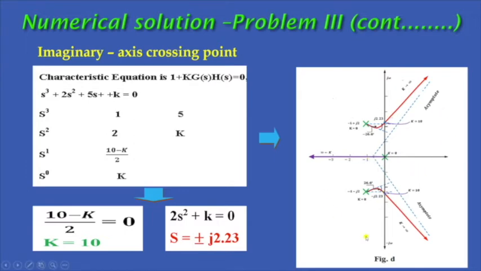This is the final diagram of the root locus. If k is greater than 10, the system is unstable because the root locus is in the right half of the s-plane. If k equals 10, the system is marginally stable. If k is less than 10, the system is stable.